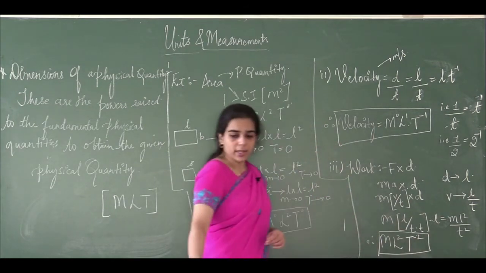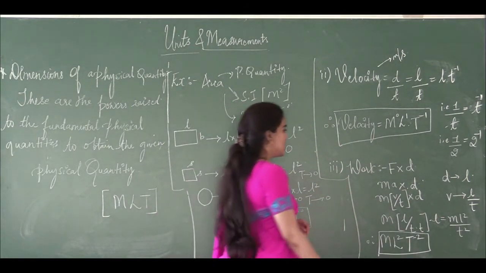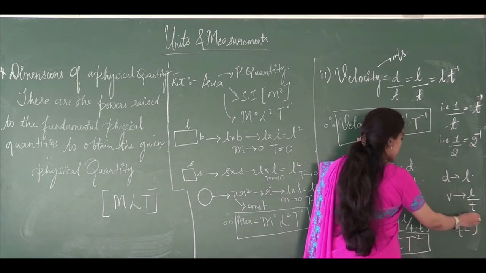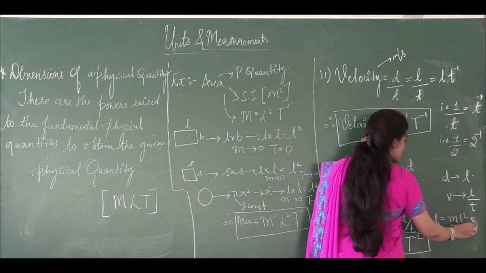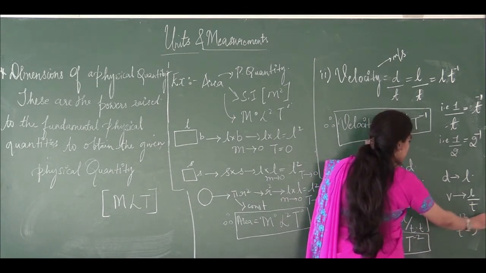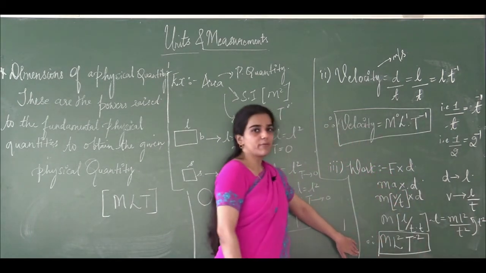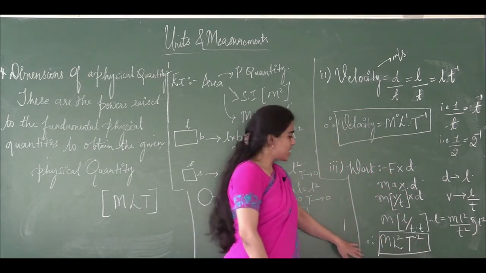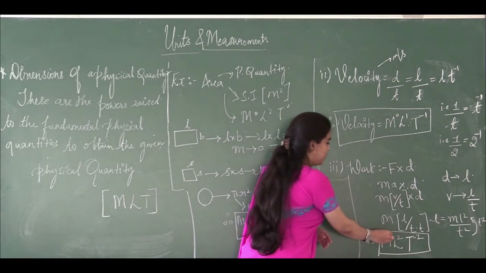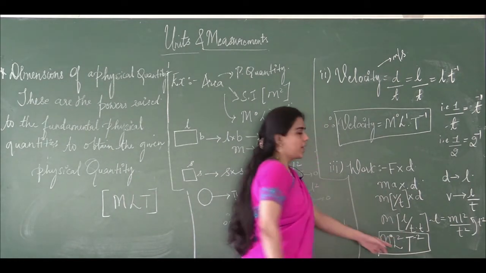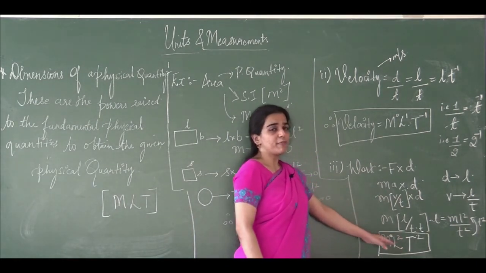Again taking this t square to the numerator, we get t to the power of minus 2. So the dimensional formula for this can be written as M L square T to the power of minus 2.